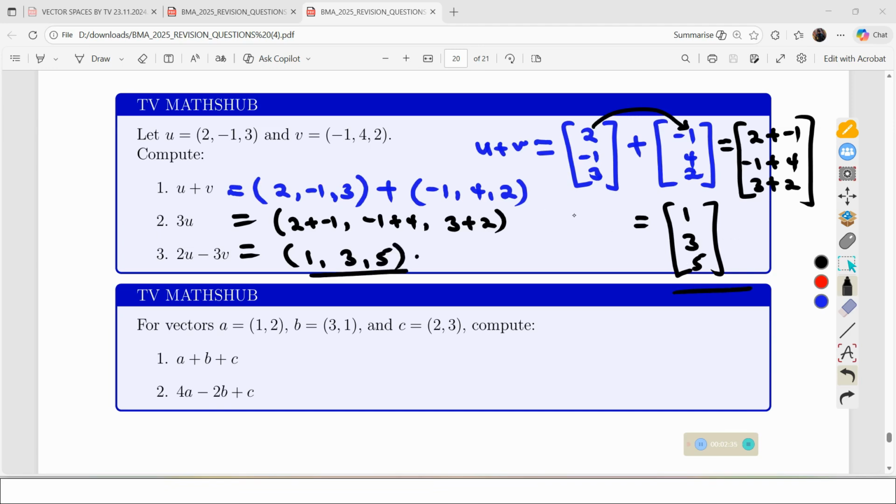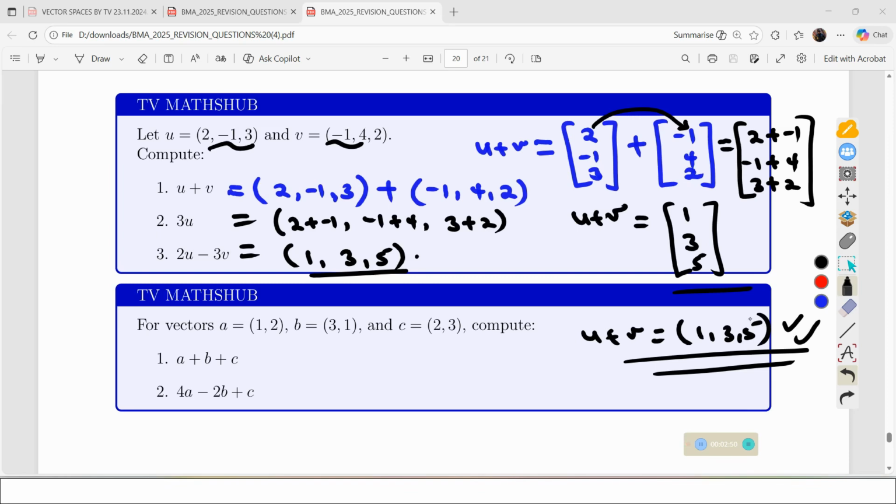And when you get this as your u plus v, make sure you return it back in the original form, which is the coordinate form. So your u plus v should be written as (1, 3, 5), and this will be the required answer.